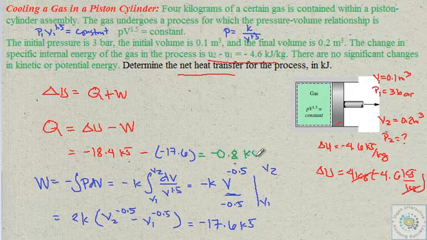What do you mean by this? Meaning heat is being released by the system during the expansion. The gas releases heat to the surroundings. So that's why the heat transfer is negative 0.8 kilojoule. Negative means heat from the system is released towards the surroundings. Thank you.